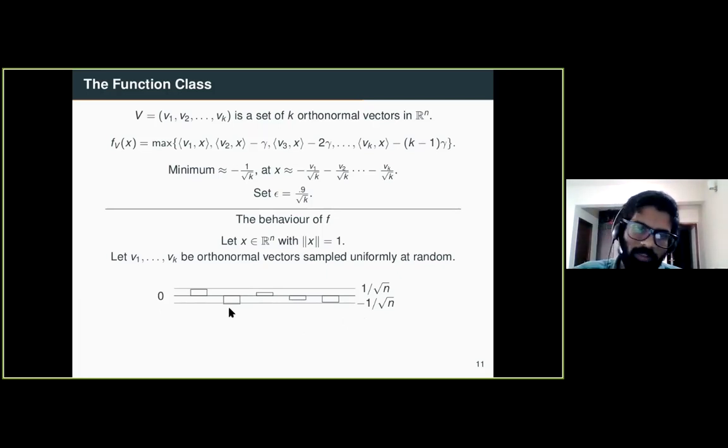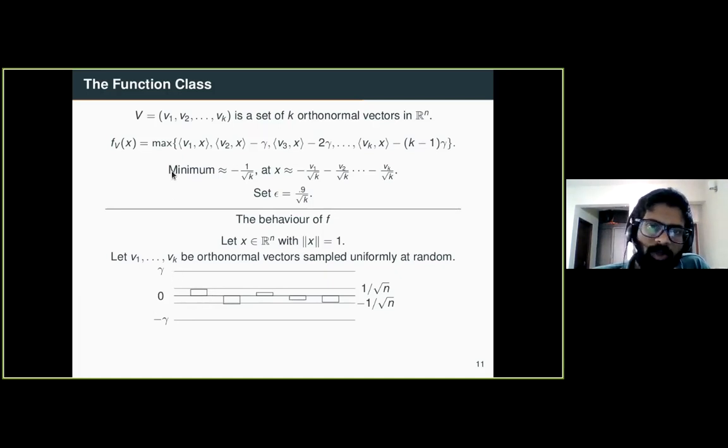So all these values are going to be really small. The gamma that we choose is actually going to be much larger than this interval. So what happens here is that these values are really small compared to gamma. And so our maximum practically looks like 0, minus gamma, -2 gamma, and so on. So the maximum is going to be at the first term, which is v1 inner product x.